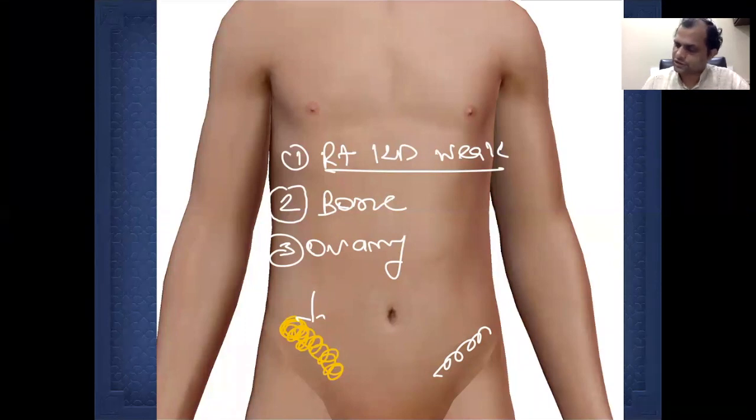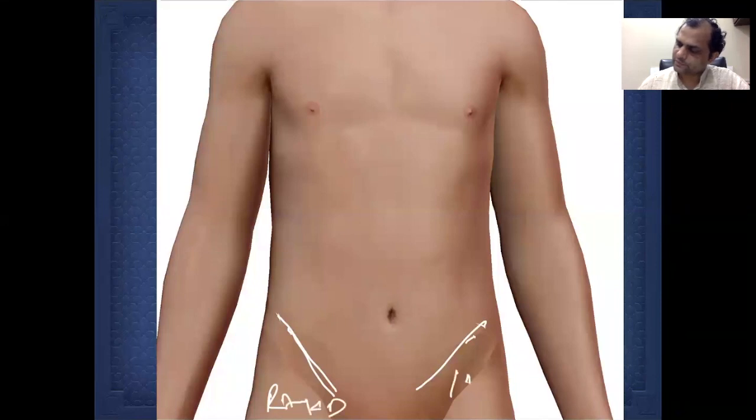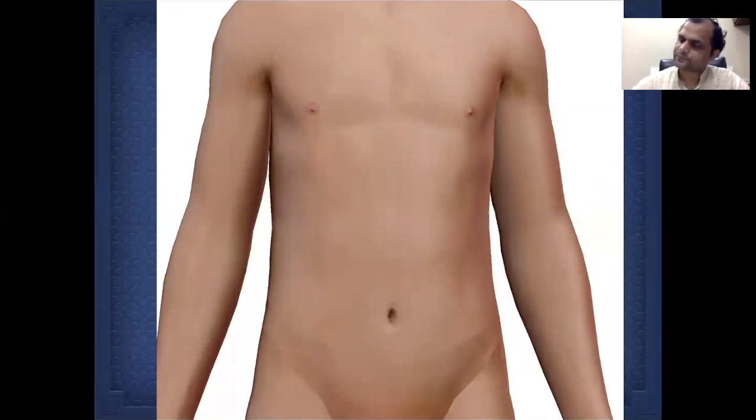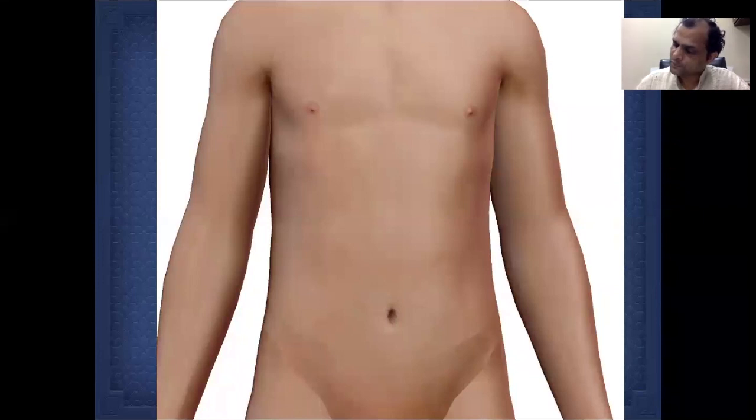So let's proceed now. Finally, we have seen two more points here: right kidney, left kidney. This is the navel region.